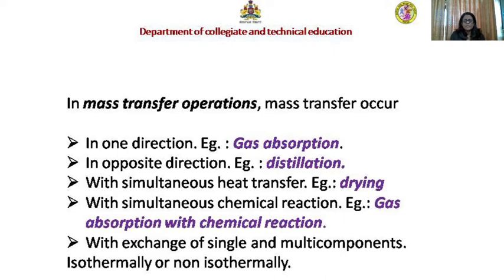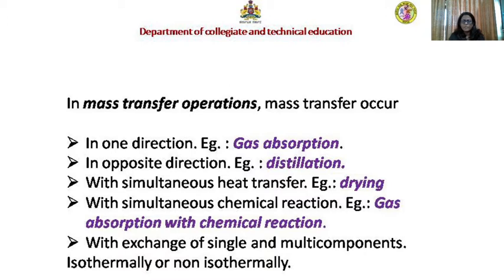So how does mass transfer occur in various mass transfer operations? So these are some of the important examples of how mass transfer occurs. So mass transfer may occur in some operations in only one direction. For example, gas absorption.